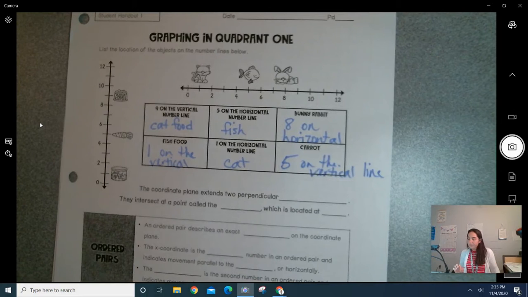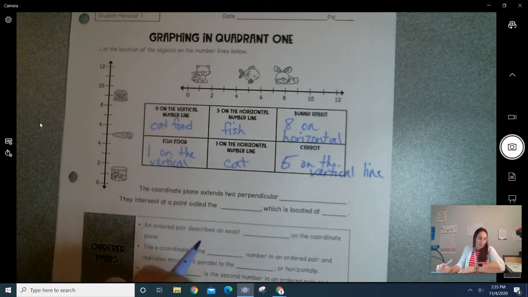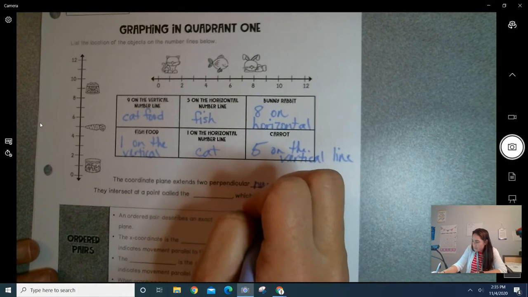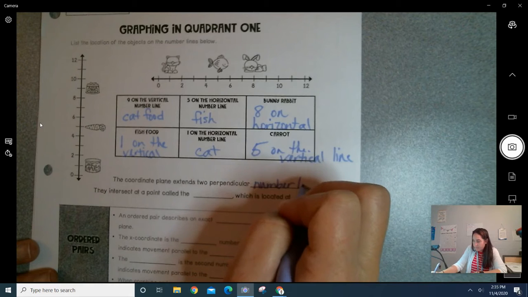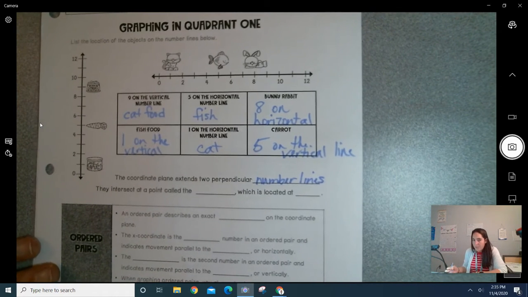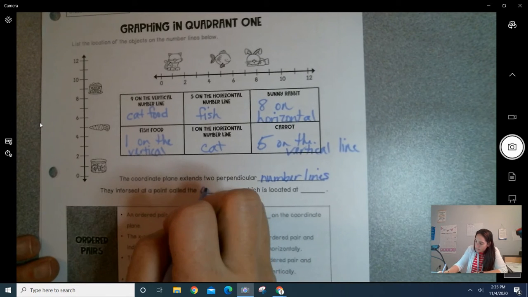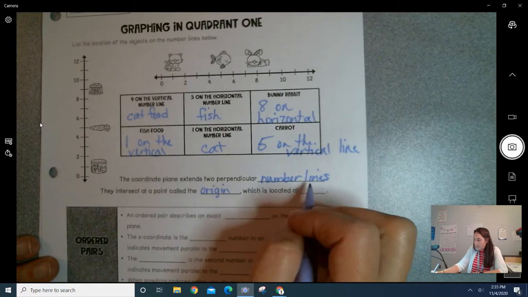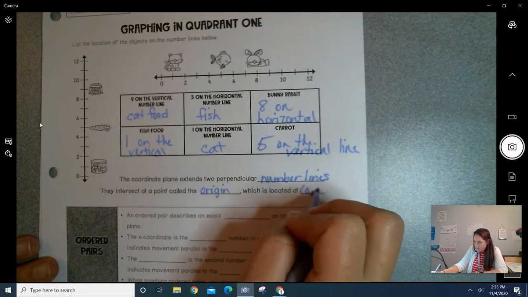Okay. All right, so the coordinate plane extends 2 perpendicular number lines. They intersect at a point called the origin, which is located at 0, 0.